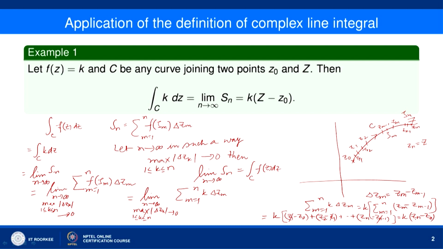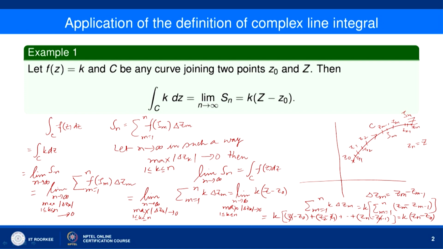And z n is equal to Z. So, this will be the limit as n tends to infinity, with the maximum of the mod of delta z k going to 0, which is nothing but k times (Z minus z naught).